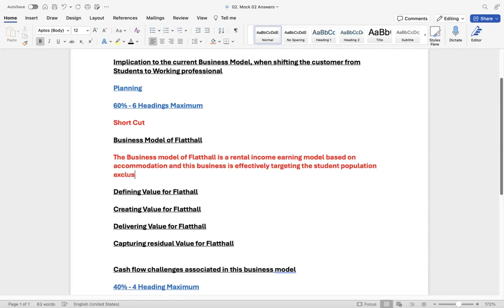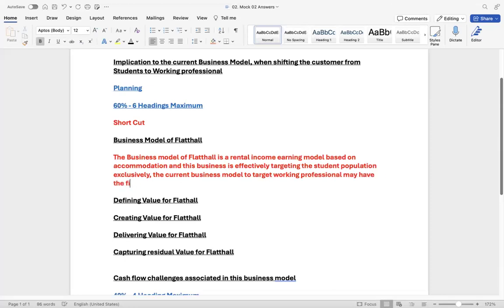Look at the verb I am using, students, exclusively. So I will put a comma. The current business model to target working professionals may have the following implication to the business model.